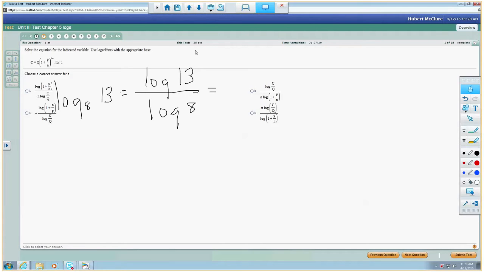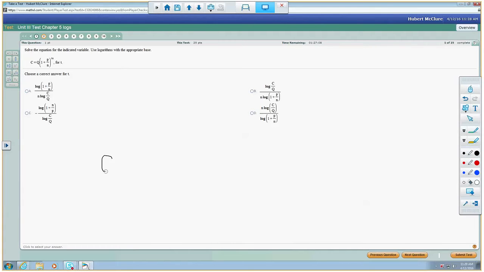All right, let's see what this one says. Solve the equation for the indicated variable. Solve for t. So C is equal to Q times 1 plus P over N raised to the Tn power.